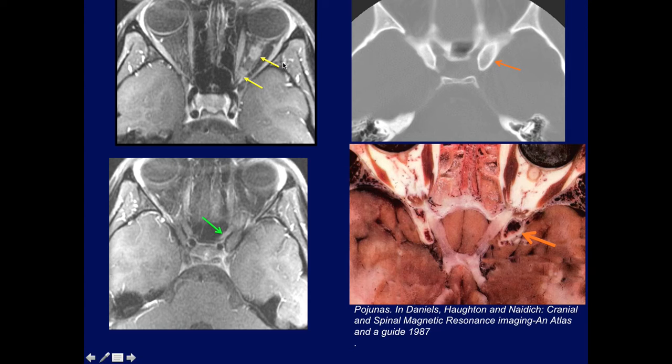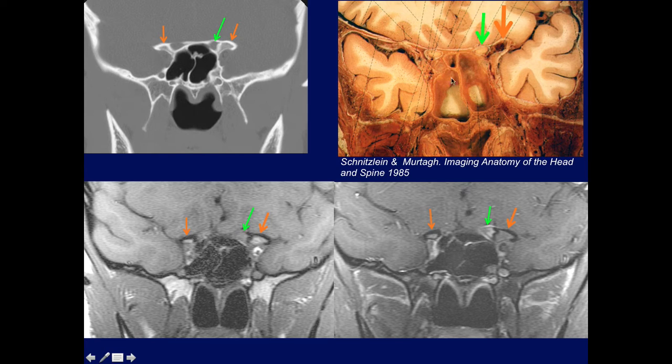So again, if we go back to this case, enhancement of the optic nerve here. We also see the optic nerve enhancing here before it enters the optic canal. So it would be this segment here as it enters the optic canal. Notice also that the clinoid on the left side is a little larger than this side.